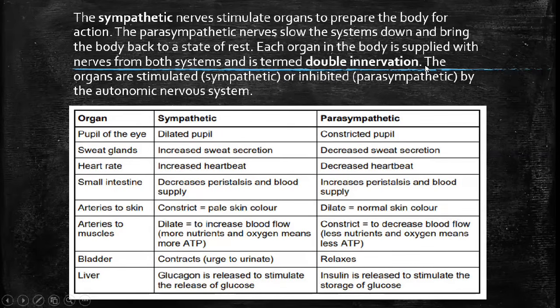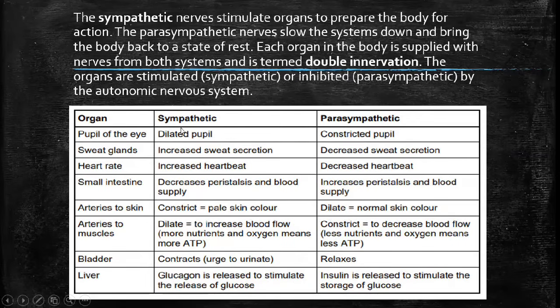If one says yes, the other one says no, and then the organs are stimulated by the sympathetic part or inhibited by the parasympathetic part of the autonomic nervous system. Now, let's just look at the difference between sympathetic and parasympathetic. How do they oppose each other? How do they act antagonistically towards each other?